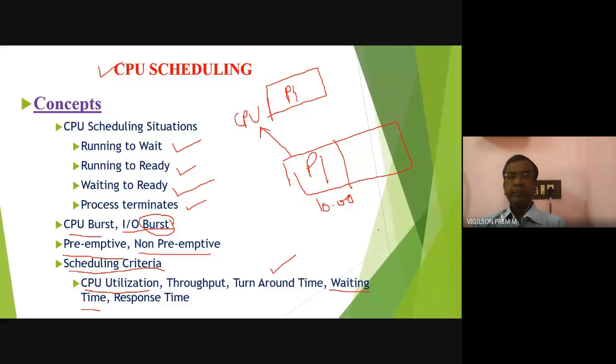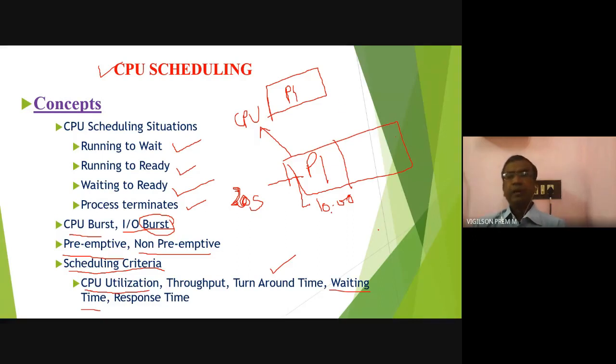When it comes to the ready queue, the CPU is free, so immediately P1 is allotted the CPU. P1's CPU burst time is 20 seconds. That means P1 requires a maximum of 20 seconds at the CPU.